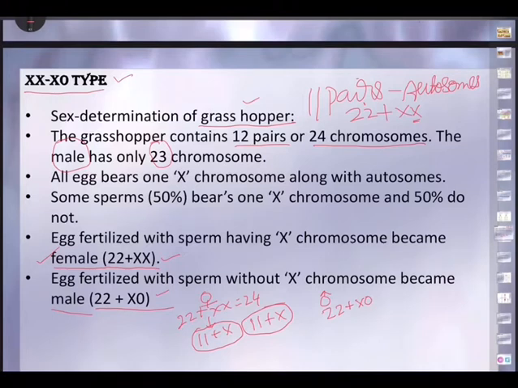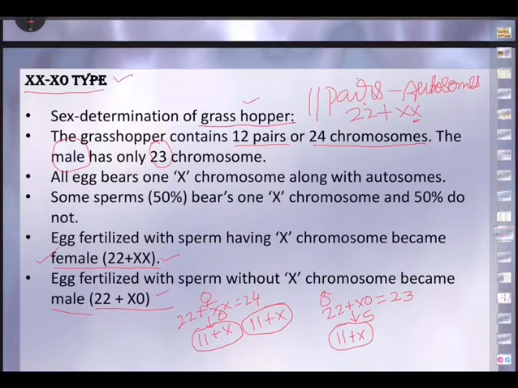What about the male? In the male grasshopper, it is 12 pairs. So 11 pairs, that is 22, are autosomes, bodily chromosomes, plus the sex chromosome is only one X chromosome. So we write 22 plus X0. That amounts to 23. Now when this undergoes spermatogenesis, write O for oogenesis, and S for spermatogenesis.